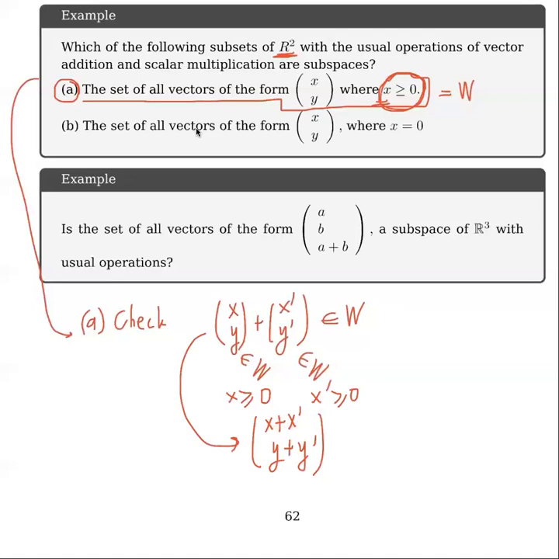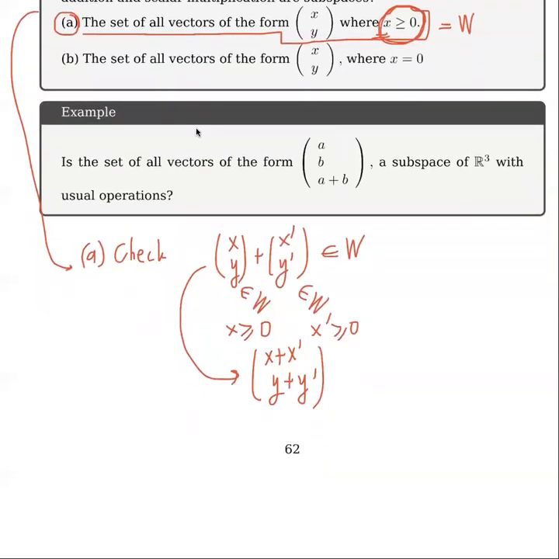Does this first coordinate satisfy this property, being greater than or equal to 0? And the answer is yes. Right? Why? Because if I add two numbers which are greater than or equal to 0, then their sum is also greater than or equal to 0. So this is certainly in W. So the first property is satisfied. Property A is satisfied. A is true.